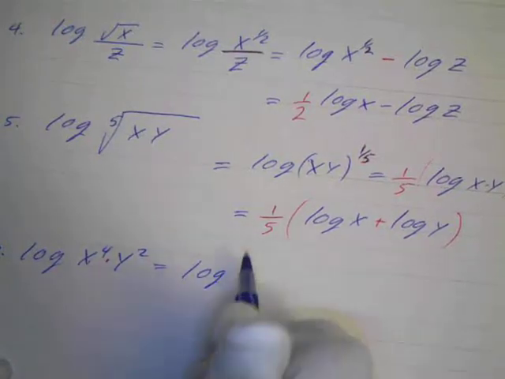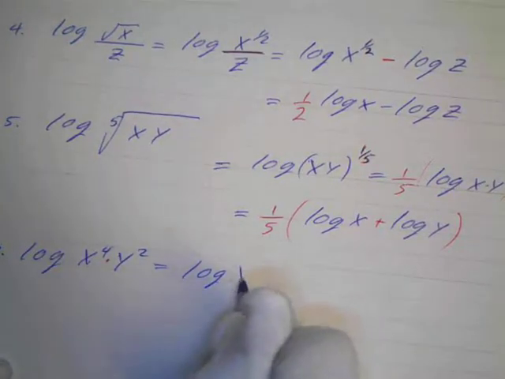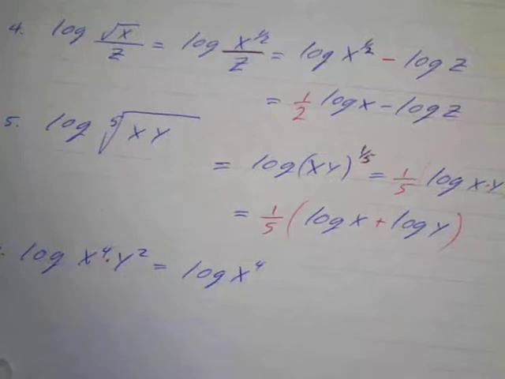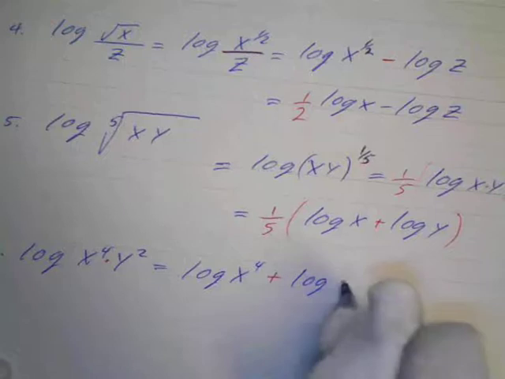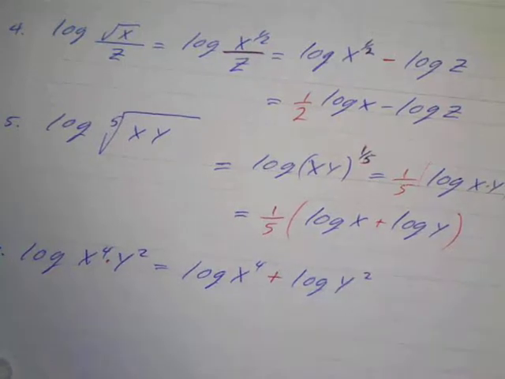The log of the product is the sum of the logs, so the log of x to the 4th plus the log of y squared.